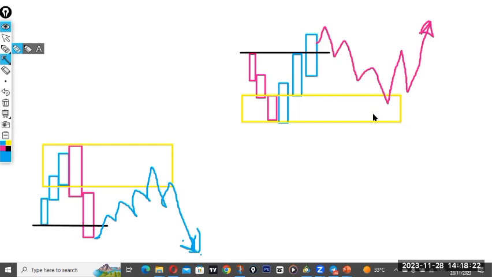When price retraces into this order block, that is where we take our sell or our buy position, in this case of a bullish order block. We take our buy position when we see signs that the order block is holding. We always wait for confirmation, something of this nature, a change of character. You can see at this point we had a change of character, so we always wait for a confirmation before we go ahead to enter the trade.